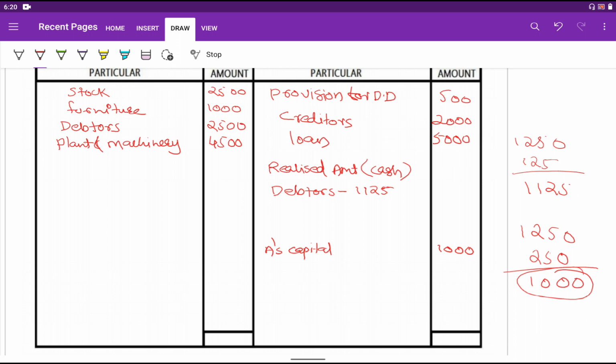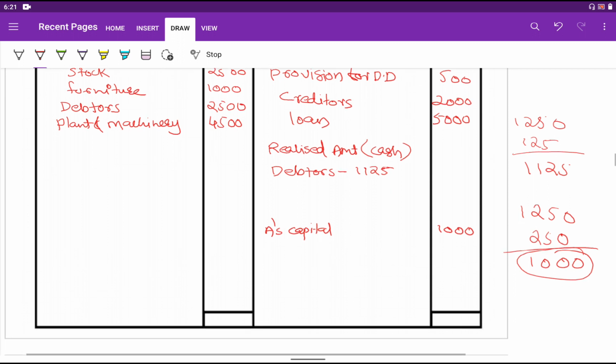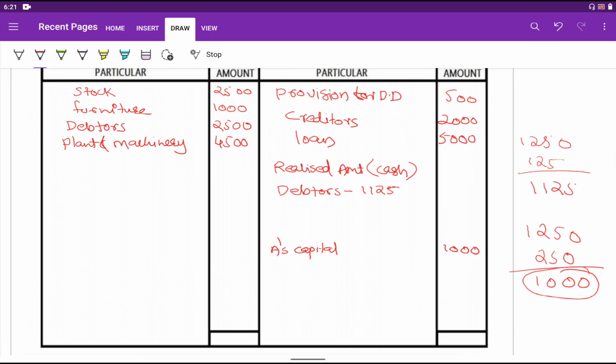Before, under the realized amount we were writing debtors 1000, but here the debtors were taken by A, so instead of debtors we write his name. Everything else is the same, we are writing on the credit side itself, only changing his name: A's capital account 1000. So the first adjustment is over.